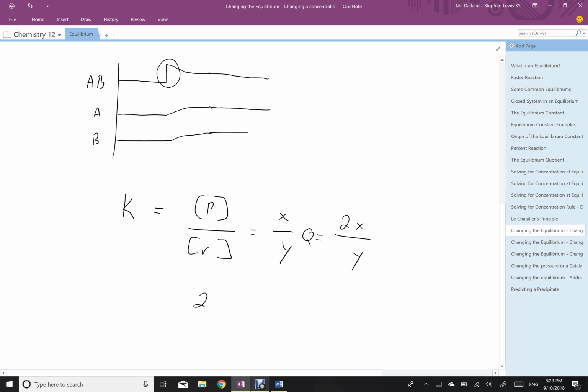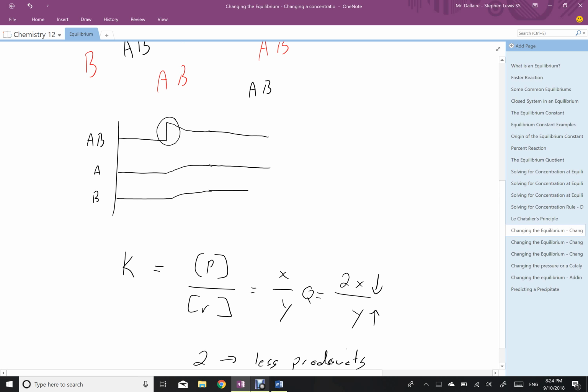Now the products are going to be twice as big as they should be for the reactants, which means I'm going to need fewer products and more reactants. Which means the equilibrium is going to shift to try and lower the new population and increase the old population and get back closer to the equilibrium conditions before the shift was made.